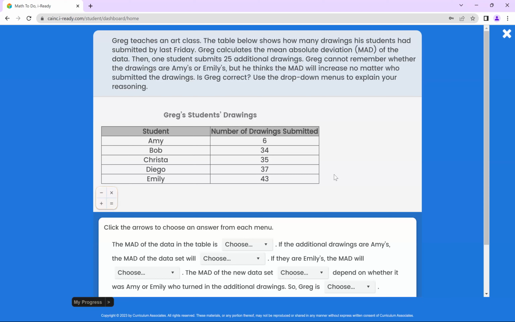Can you show me the first option, from the first sentence? Yep, thank you. Let's do 31. Okay.